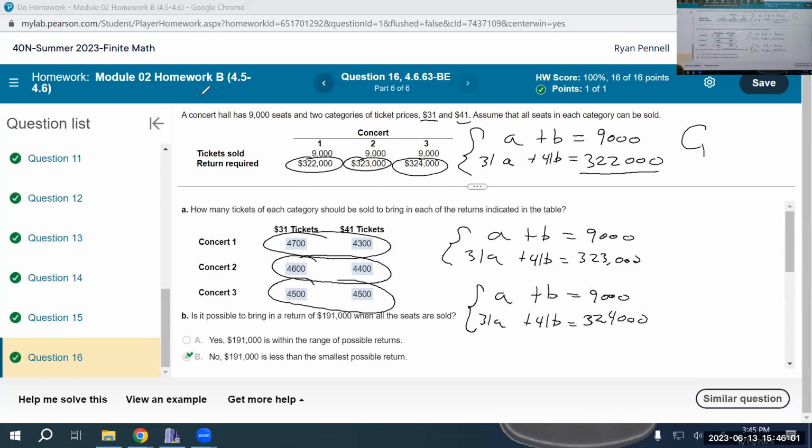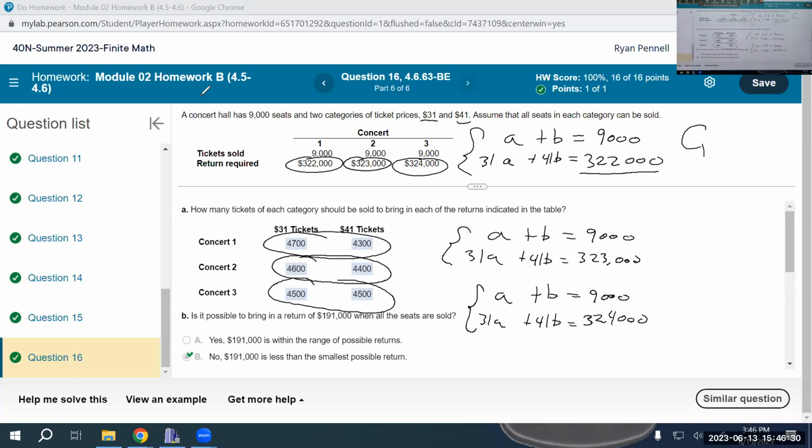So is it possible to bring in a return of 190,000 when all seats are sold? I would say no, because that's actually less than 9,000 times 31. That would be the minimum if all seats are sold: 31 times all the seats. The maximum would be all the seats at the $41 mark.